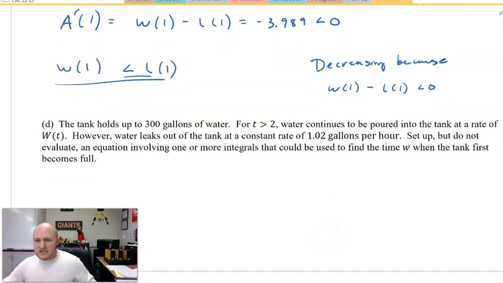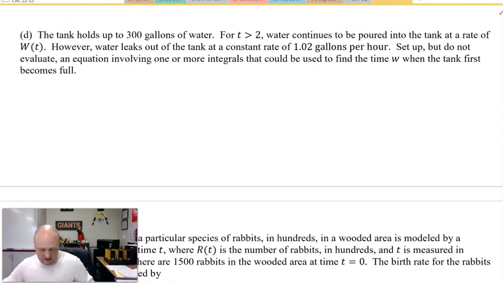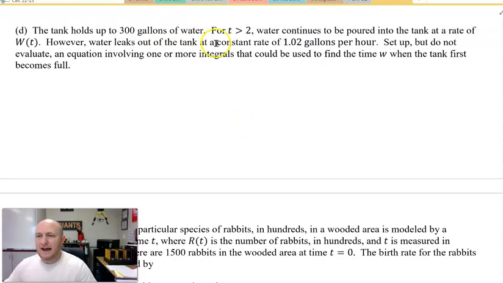Okay. D. The tank holds up to 300 gallons of water. For t greater than 2, water continues to be poured into the tank at a rate of W of t. However, water leaks out of the tank at a constant rate of 1.02 gallons per hour.